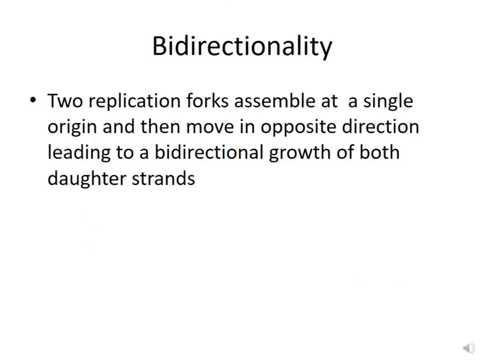One of the efficient methods by which DNA replication is enhanced is by directionality, because we know that there is a replication bubble, each of which has two replication forks, one on each side. They assemble at a single origin, then move in opposite directions, leading to growing the DNA strands in both directions.